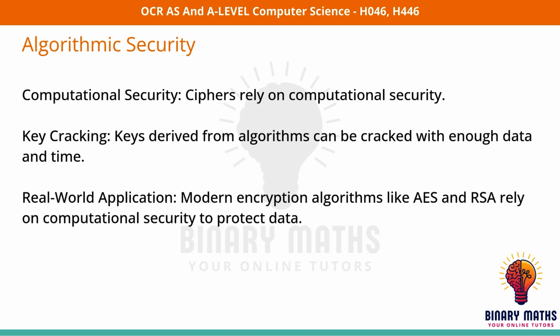Modern encryption algorithms like AES, or Advanced Encryption Standard, and RSA rely on computational security to protect data. These algorithms are widely used in secure communications, online transactions, and data storage.